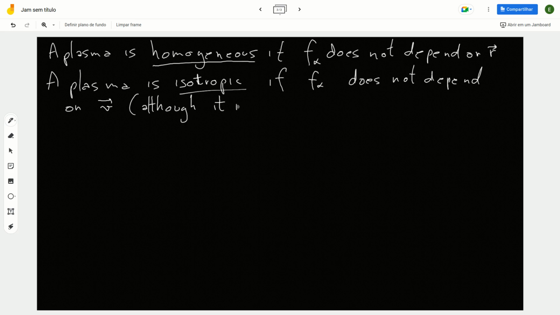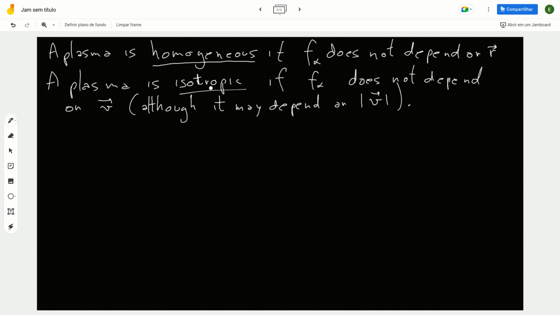It may depend, and it usually does, on the modulus of v, okay? But it does not depend on the direction. The direction of v will not affect the distribution. So the number of particles flowing in a given direction is the same as the number flowing in the other direction. So that is an isotropic plasma, okay?